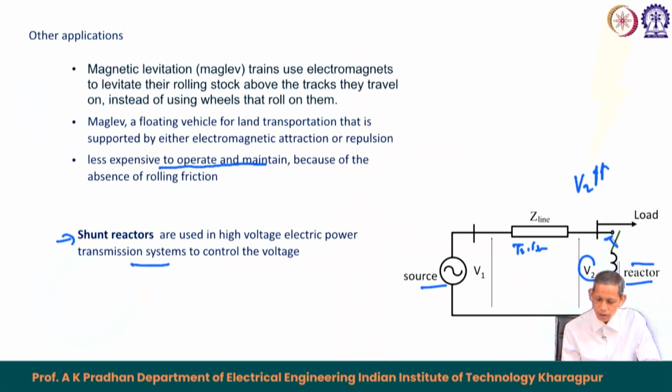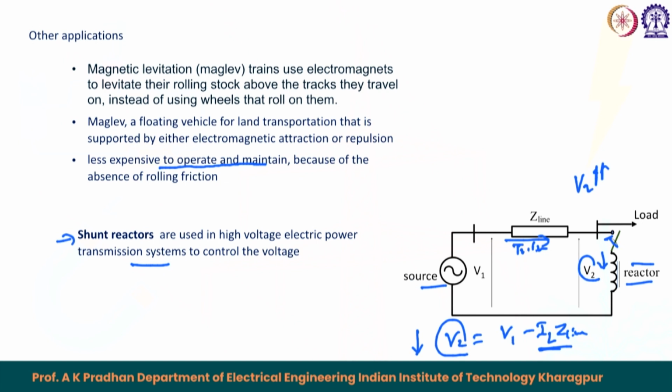Once you connect this reactor, it draws lagging current, and the corresponding current flows in the line. Therefore V 2 becomes equal to V 1 minus the inductor current I L into Z line, and once we have this shunt current I L, V 2 becomes lesser and lesser.